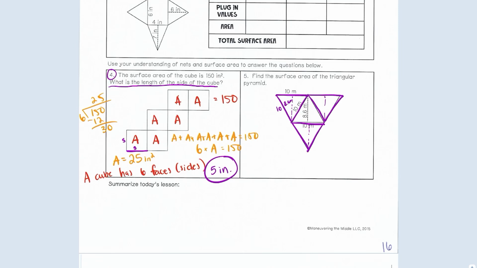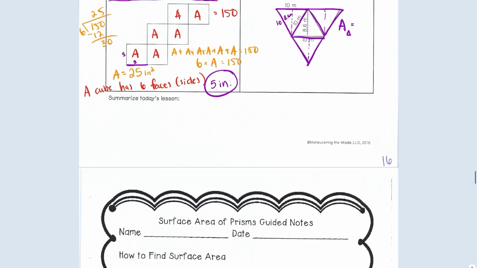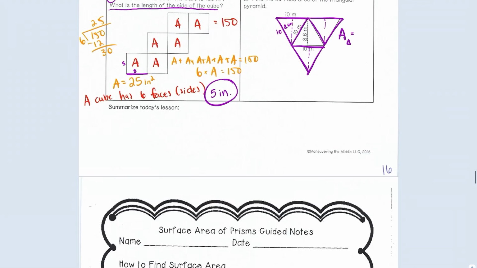So let's go ahead and find the area of the triangle. So the area of a triangle, that's what this stands for, a triangle. The formula that we use to find this is 1/2 base times height.